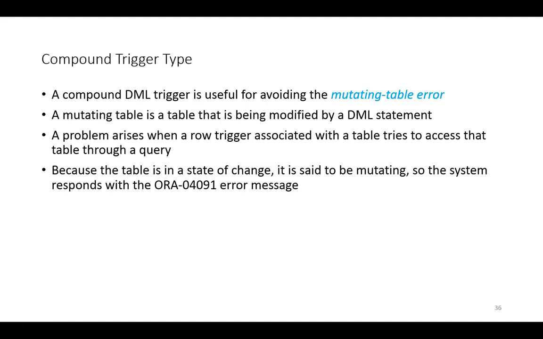A problem arises when a row trigger associated with a table tries to access that table through a query or tries to modify the content of the same table within the trigger. Because the table is said to be in a state of change, it's said to be mutating, the system responds with an error message. A compound trigger can provide a solution to this problem.